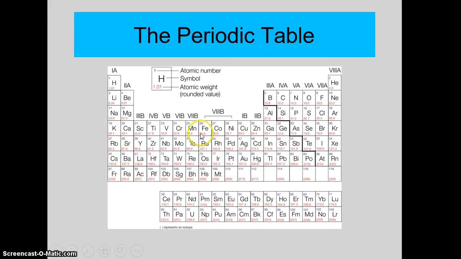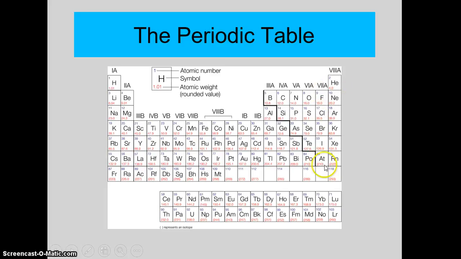This one's radioactive, this is radium. And then we come to the seventh column: fluorine, chlorine, bromine, iodine, and this one's radioactive. These are all what are called halogens.